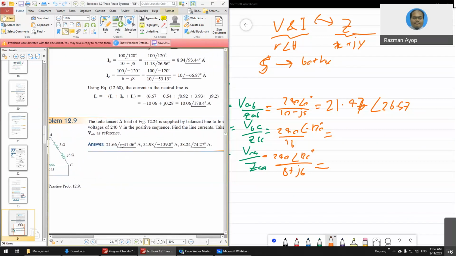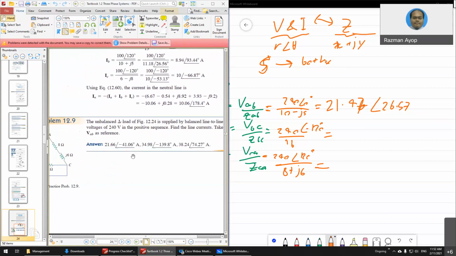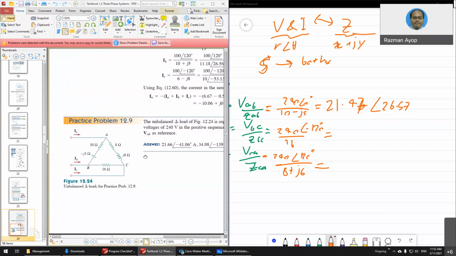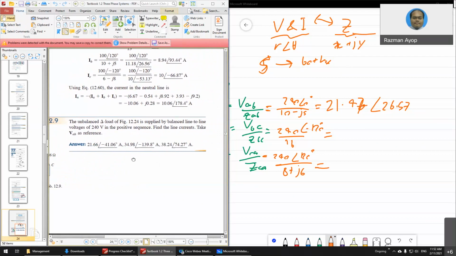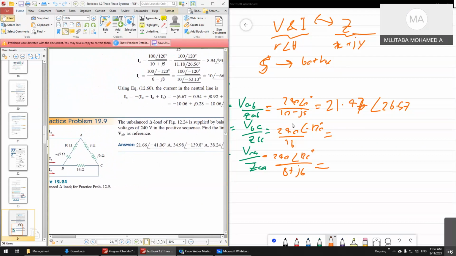But the answer is not the same. Why is it not the same? It should be the same, right? My answer was in rectangular form. So do you get the same? 21.47 angle 26.57.